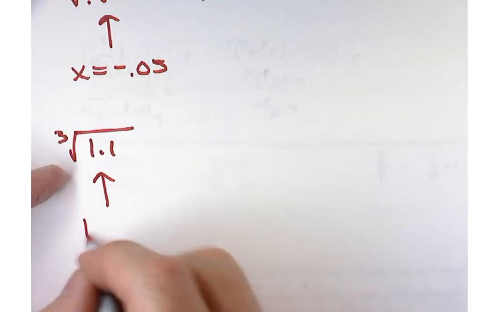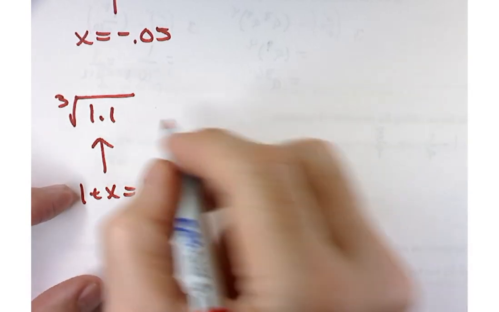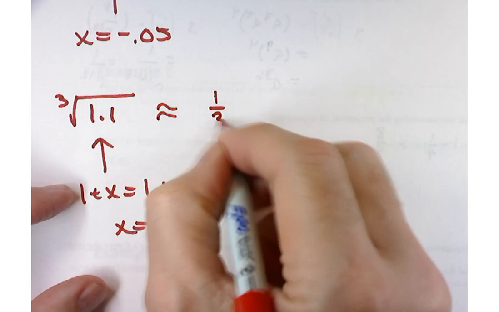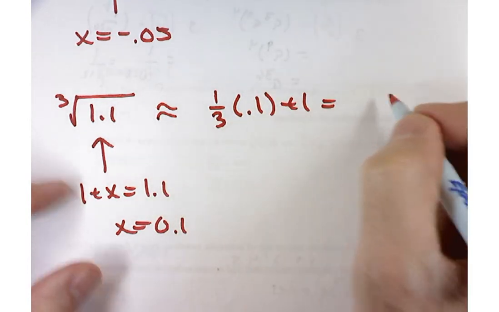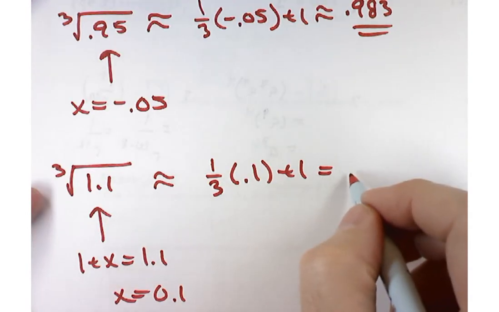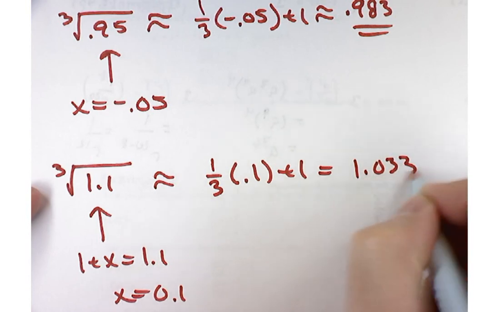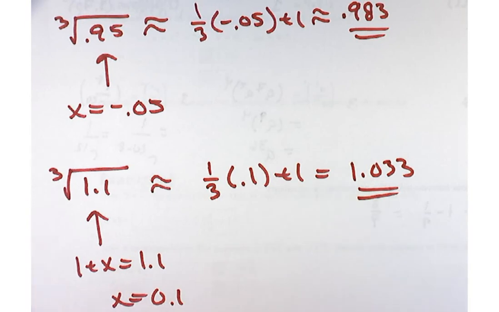So 1 plus x equals 1.1. What does x equal here? 0.1. So my approximation then is going to be 1/3 times 0.1 plus 1. You can again take out your calculator. You should get 1.033333, but rounding it to the nearest third decimal digit gives you 1.033.